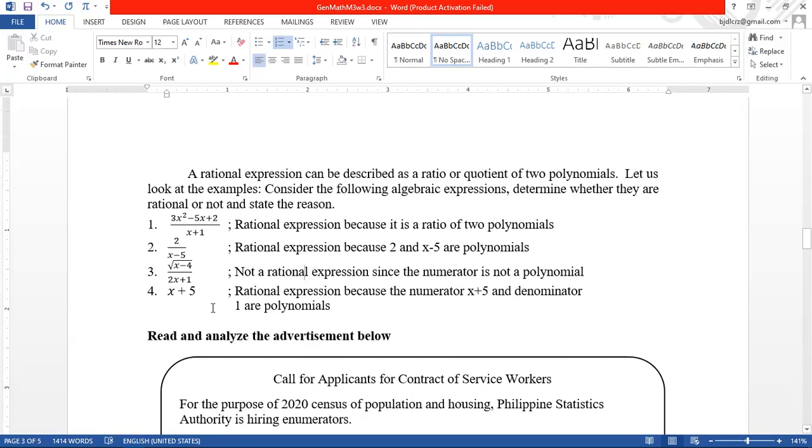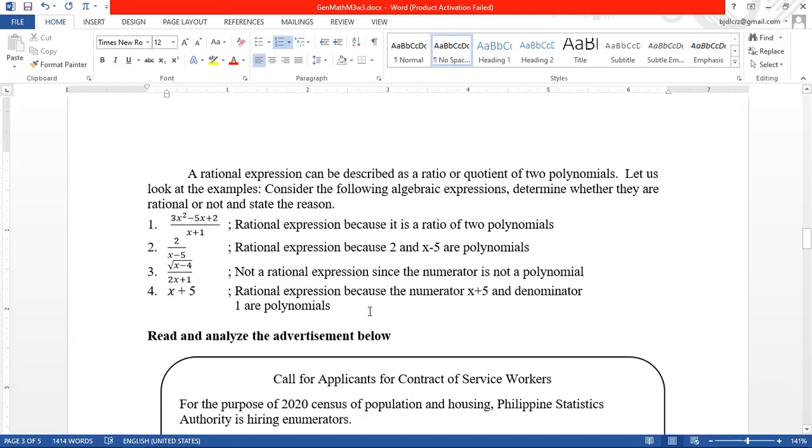Next, x plus 5. That is a rational expression because the numerator x plus 5 and the denominator 1 are polynomials. Why the denominator 1? It has no denominator, sir. But it should be a fraction. It has an imaginary denominator of 1, right? Like 5 over 1.